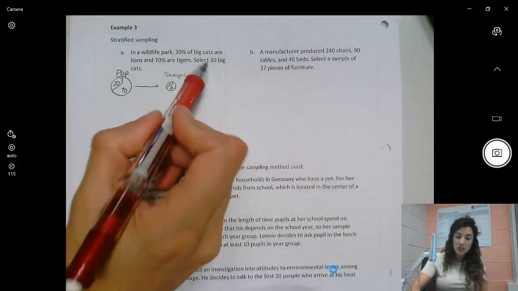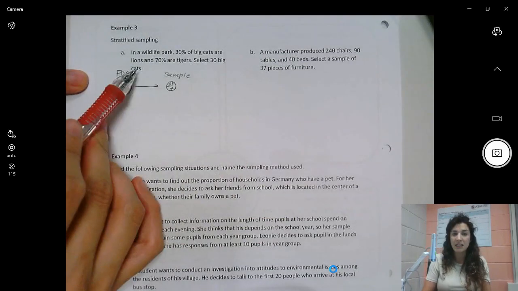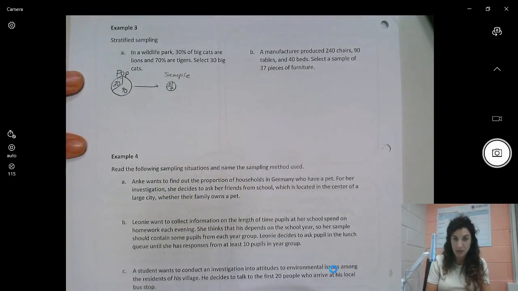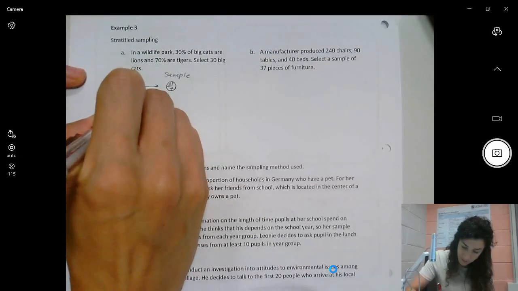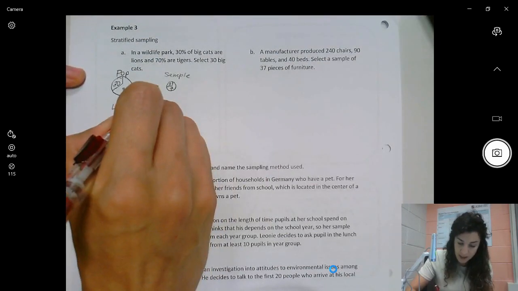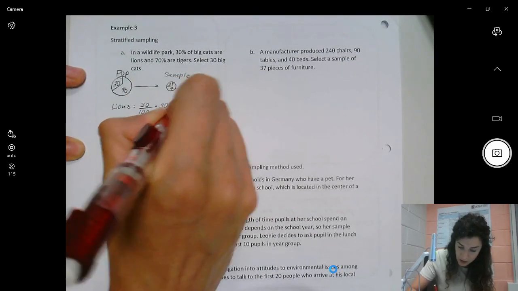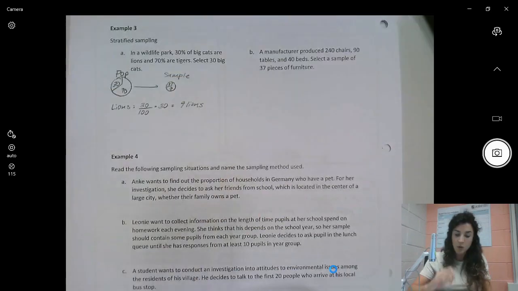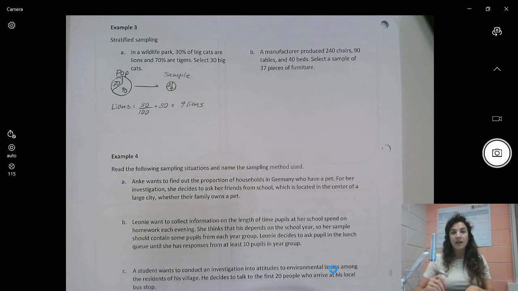So what you need to do is if you're selecting 30 big cats, 30% of the big cats need to be lions, and 70% need to be tigers. So if we're talking about lions, then 30% of 30 is 30 over 100 times 30, which is 9 lions. So of those 30 big cats, we need to pick 9 lions.